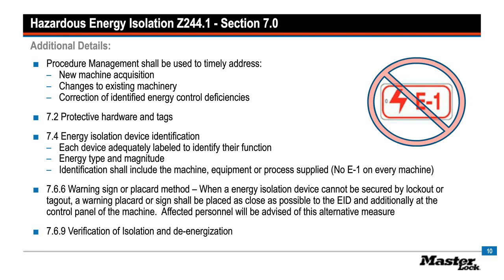We did talk particularly about a warning sign or placard that would be placed as an additional method when an energy device can't be secured by lockout or tagout. We want to be marking this status as close as possible to the energy isolation device and additionally at any control panel influencing the machine.